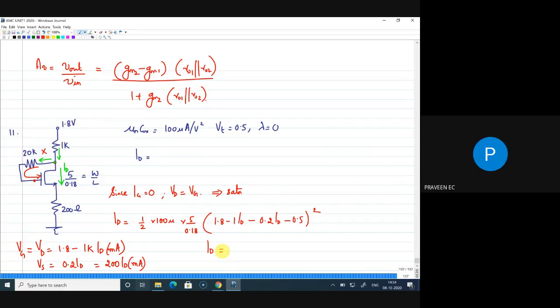Sir, can you explain VG and VS once again? Okay, Praveen, can you tell me what is VG? VG is the gate voltage, sir. Yes, that is the same as the drain voltage. Is that clear? Okay, is there any current through this side to the gate?